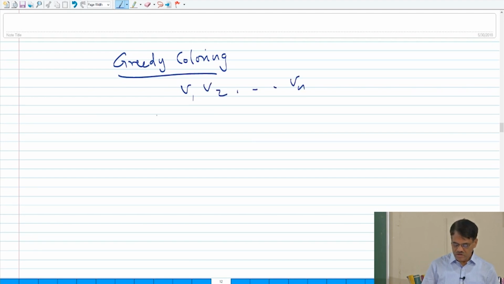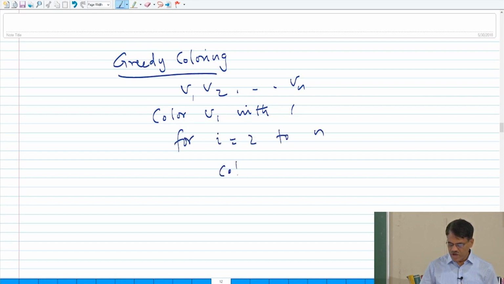So, recall the greedy coloring algorithm. I start with an arbitrary ordering, let us say V1, V2, ..., Vn. Color V1 with color 1, and then for i equal to 2 to n, color Vi with the smallest possible color.